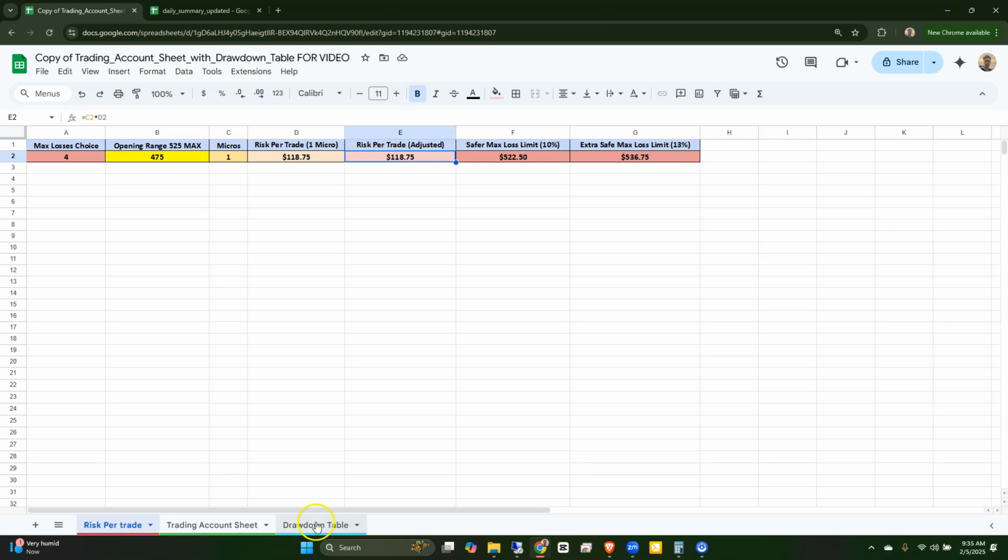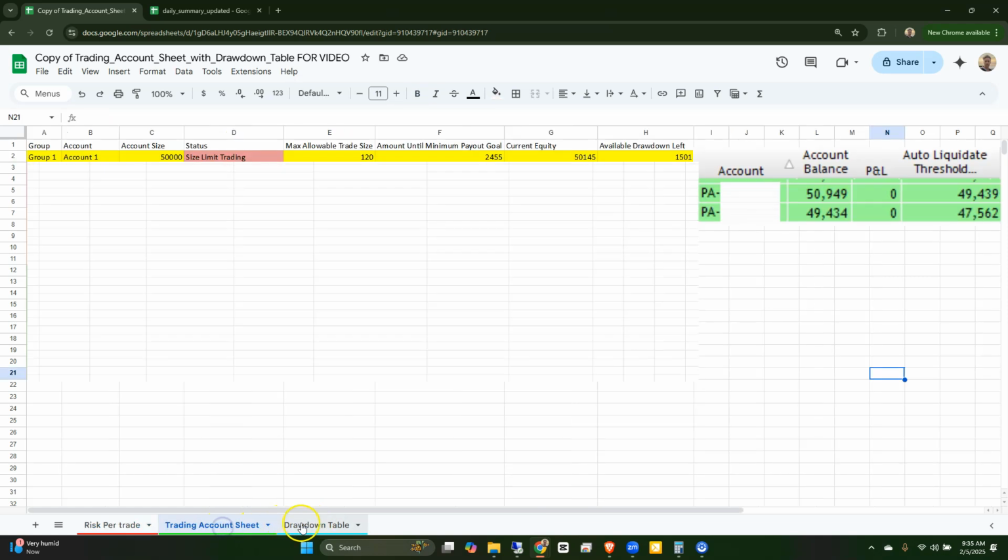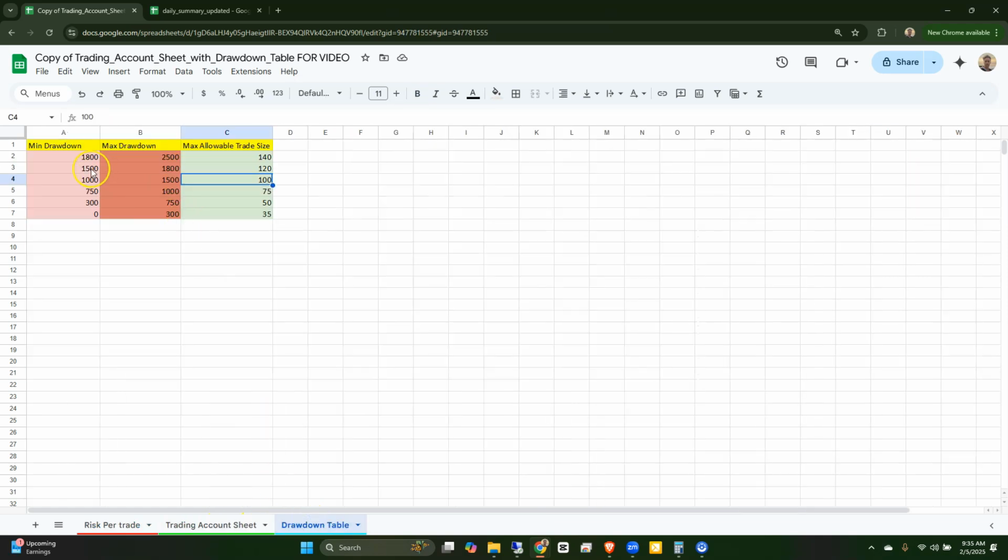So if we go to our drawdown table, and you can make these numbers however you want, this is just how I have it for now. If we have between 2,500, which on a 50K account is the maximum allowable drawdown, so full pad, to 1,800, I'm saying that I'm allowed to trade up to $140.